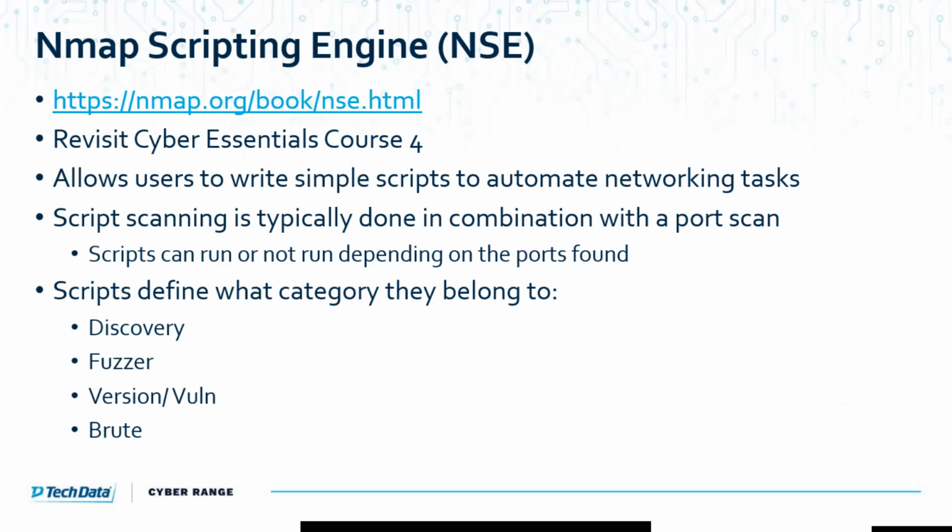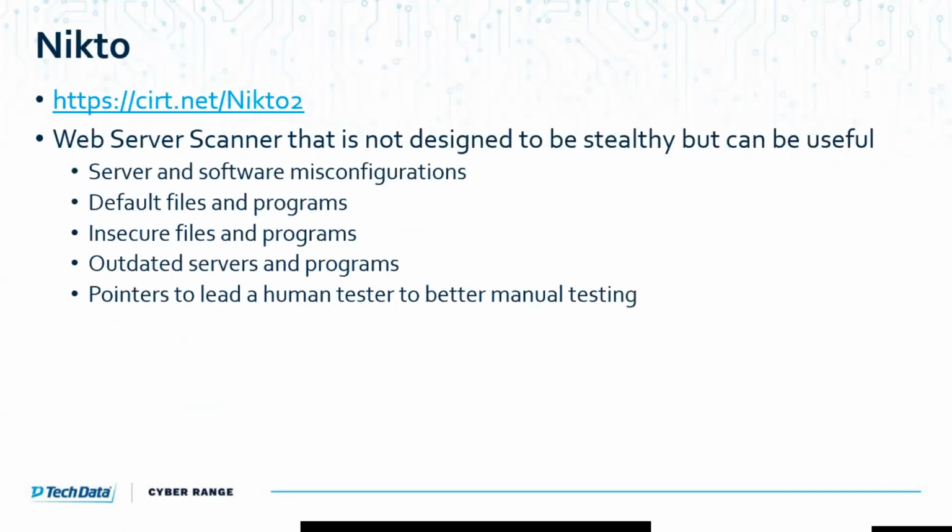So the scripts, as they are defined in NSE, belong to one of these categories: discovery, fuzzer, version or vulnerability, and then brute. All of those provide different options as you work with Nmap and NSE.